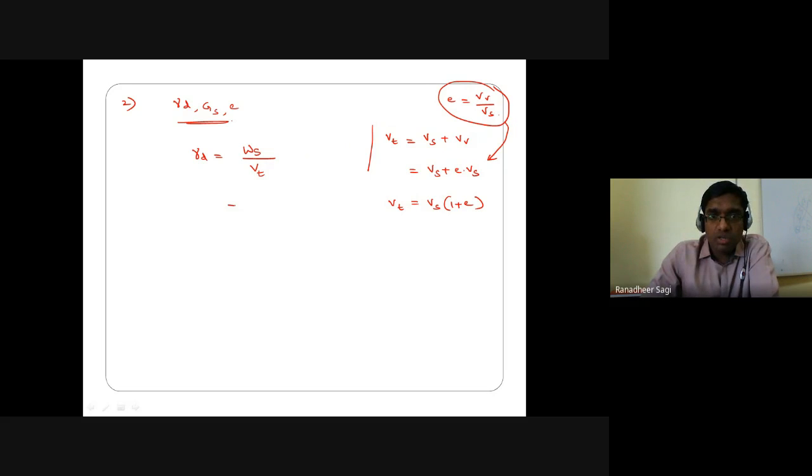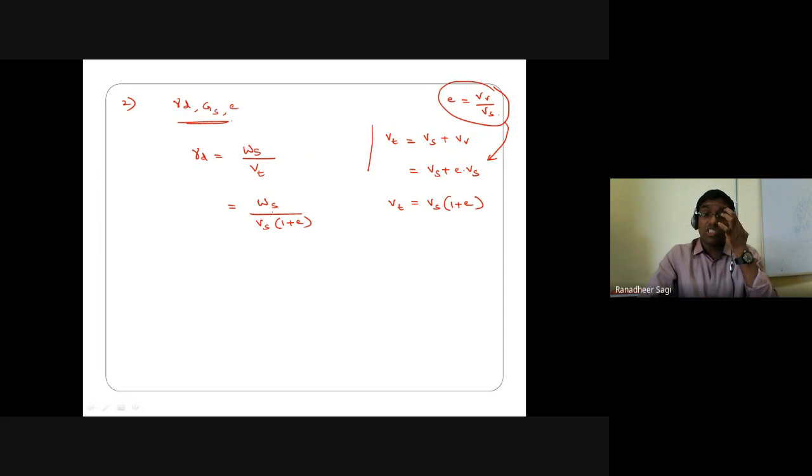I am just trying to rewrite my terms according to my necessity, because I wanted to represent gamma d in terms of specific gravity of soil solids and the void ratio by replacing all the other terms in which I am not interested. So Ws, the weight of the soil solids, divided by the total volume is Vs into 1 plus e.